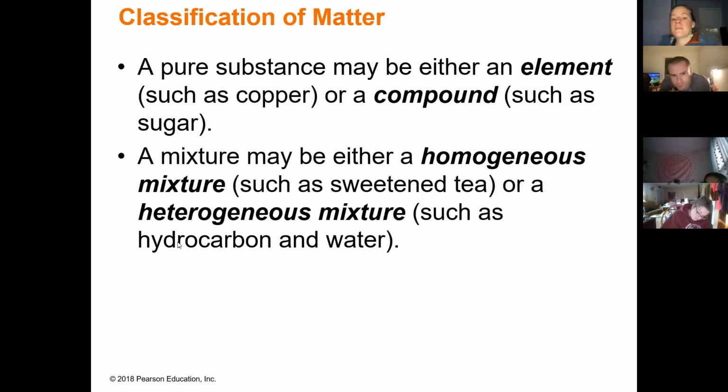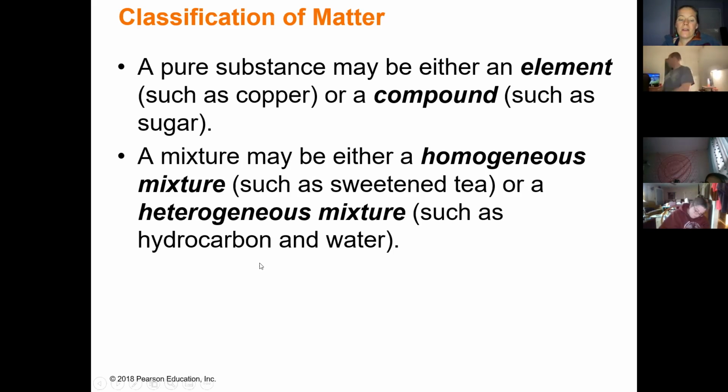A heterogeneous mixture, on the other hand, hetero being different or opposite, is when we have a material that isn't evenly mixed, or depending on where you sample it, you'll get different quantities. So hydrocarbon in water, or oil in water, like oil and vinegar dressing. What happens to the oil? It always sits on the top. Even if you shake that thing up for days, you'll still get little beads of oil because it isn't an even mixture.